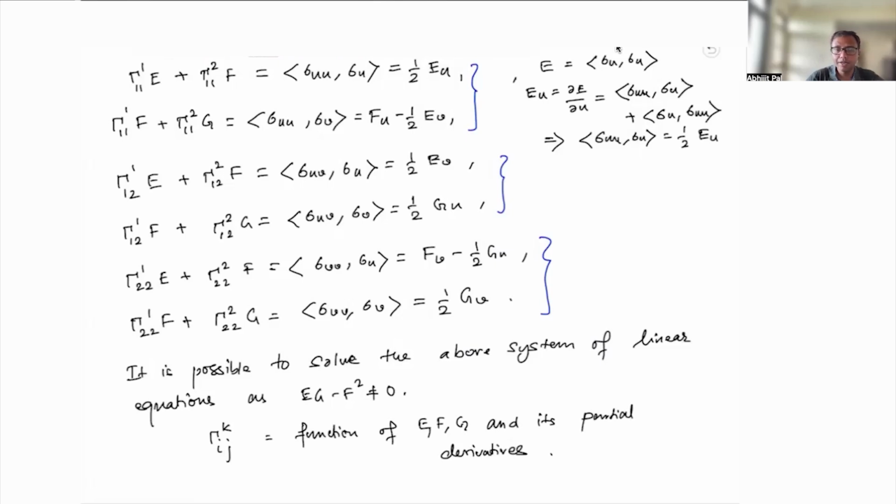In fact, we do not need the second fundamental form right now. So gamma k i j is a function of E, F, G, which are the coefficients of the first fundamental form, and their partial derivatives.